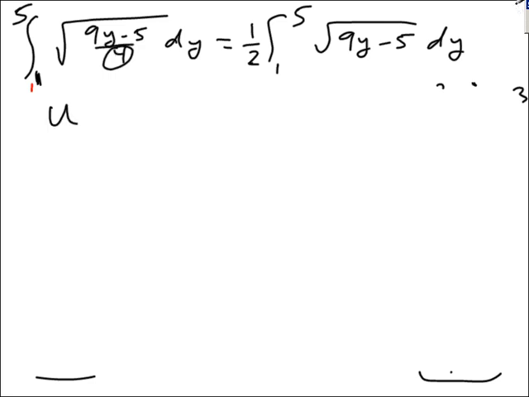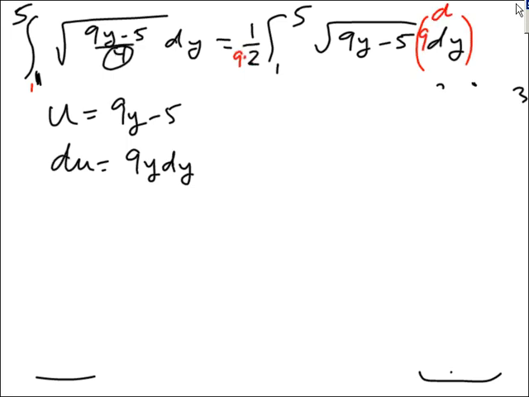If we let u equal 9y minus 5, then du will be 9 dy. So if I sneak in a 9 here, and I counter by putting a 9 in the bottom, this piece here is du.